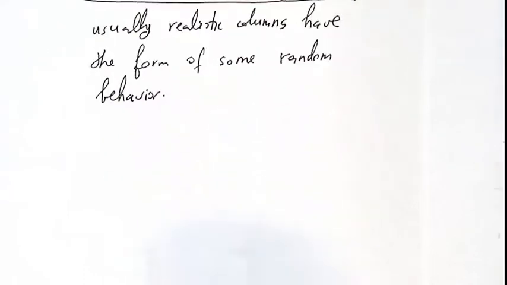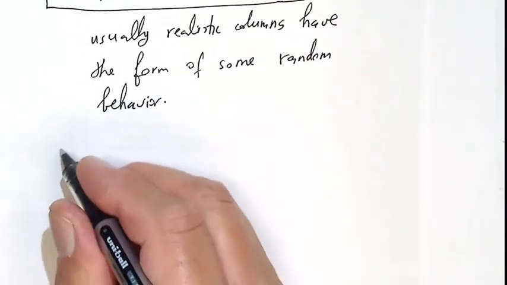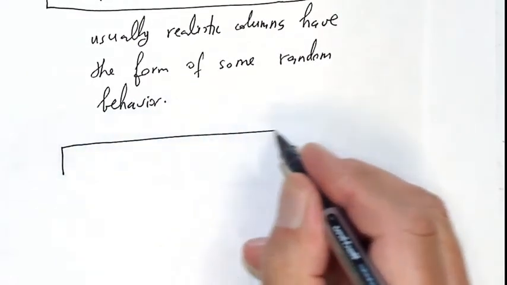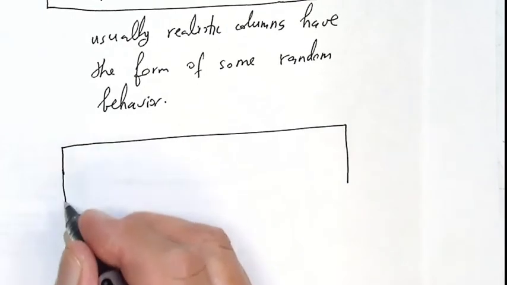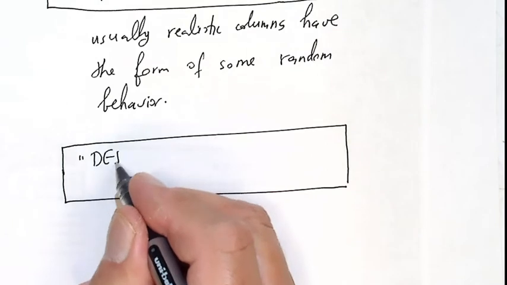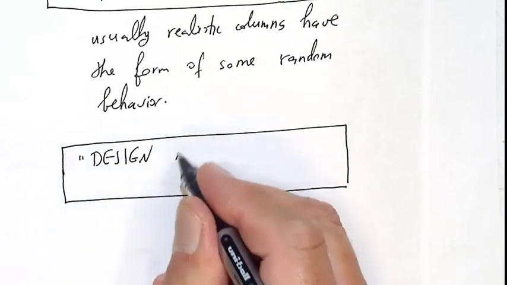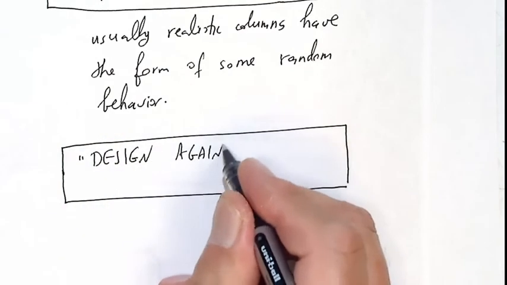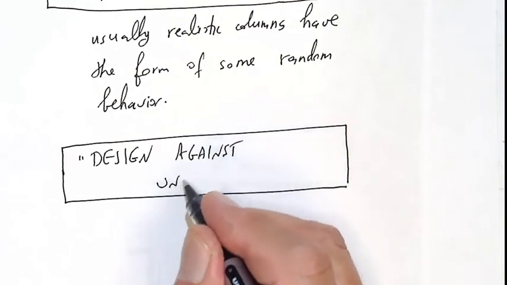Okay, so I'm teaching another course, not now, but I will give you the title: Design Against Uncertainty.